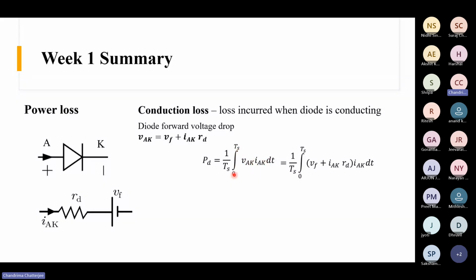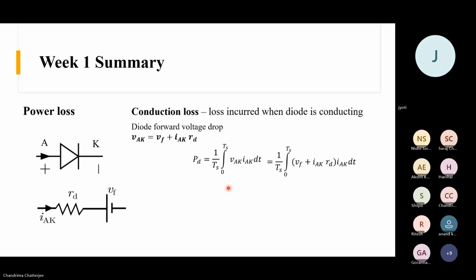For the power loss, we integrate from 0 till the time period, and divide by Ts. This is the generic formula for calculating any power loss in an electrical circuit. We average over one cycle, right?